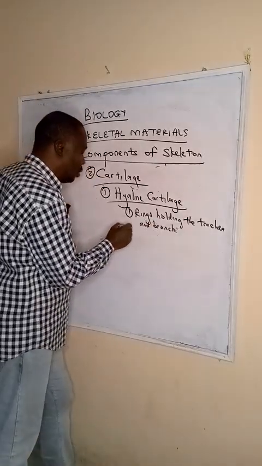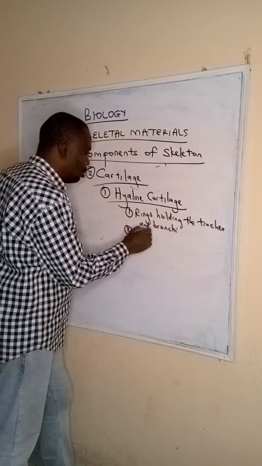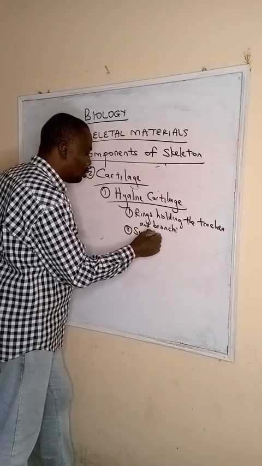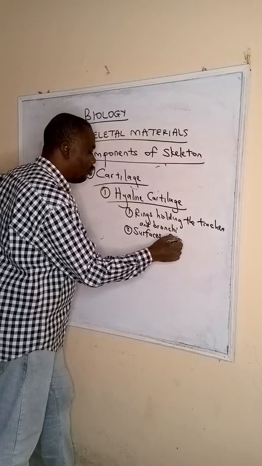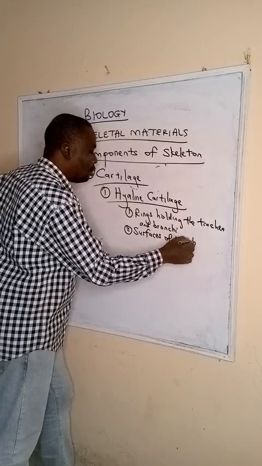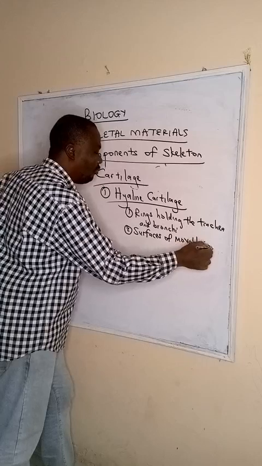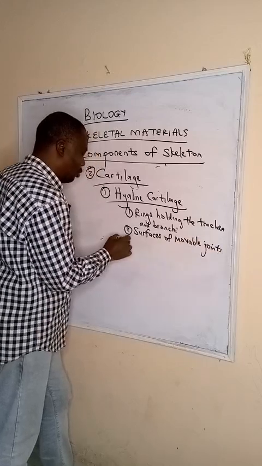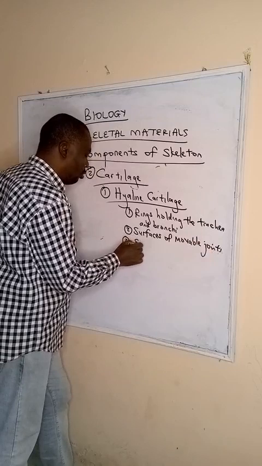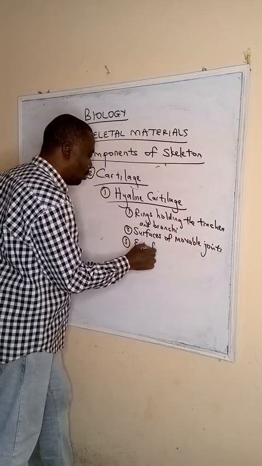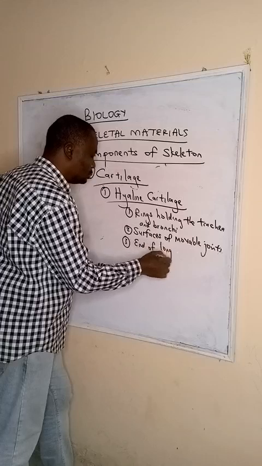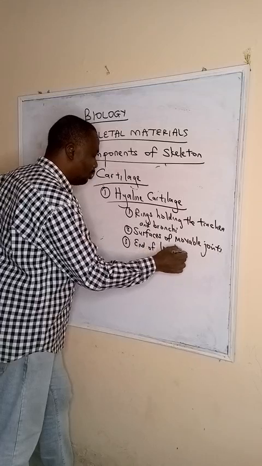It is found on surfaces of movable joints. It's found on the ends of long bones.